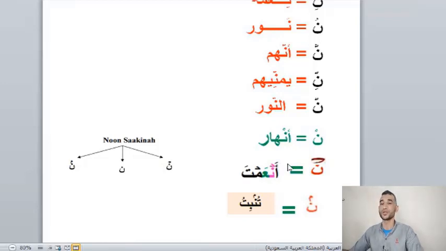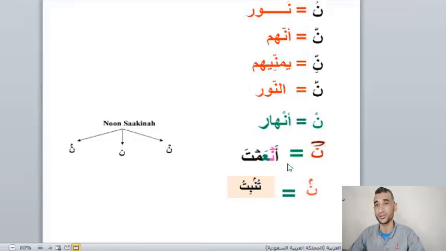Okay, sometimes you can see the consonant noon has a sign of sukoon, which is a circle on the letter, like in this example, anhar. A letter noon with a circle on it means that it is a consonant noon, anhar.